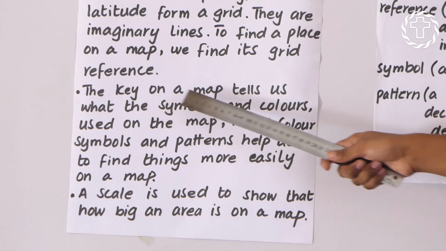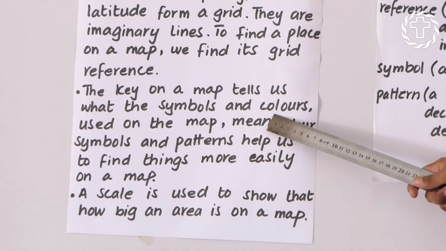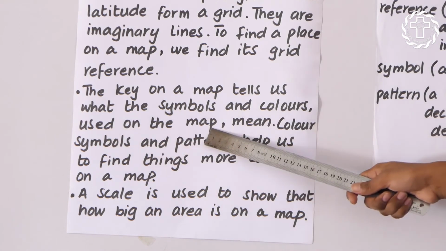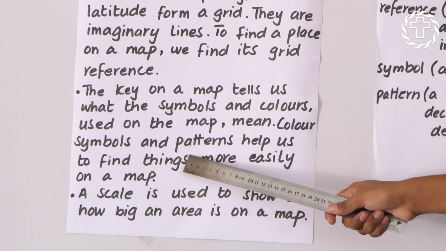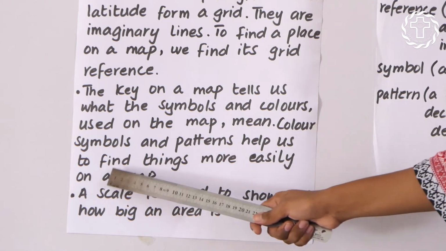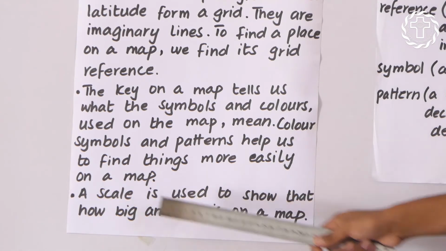The key on a map tells us what the symbols and colors used on the map mean. Colors, symbols and patterns help us to find things more easily on a map.